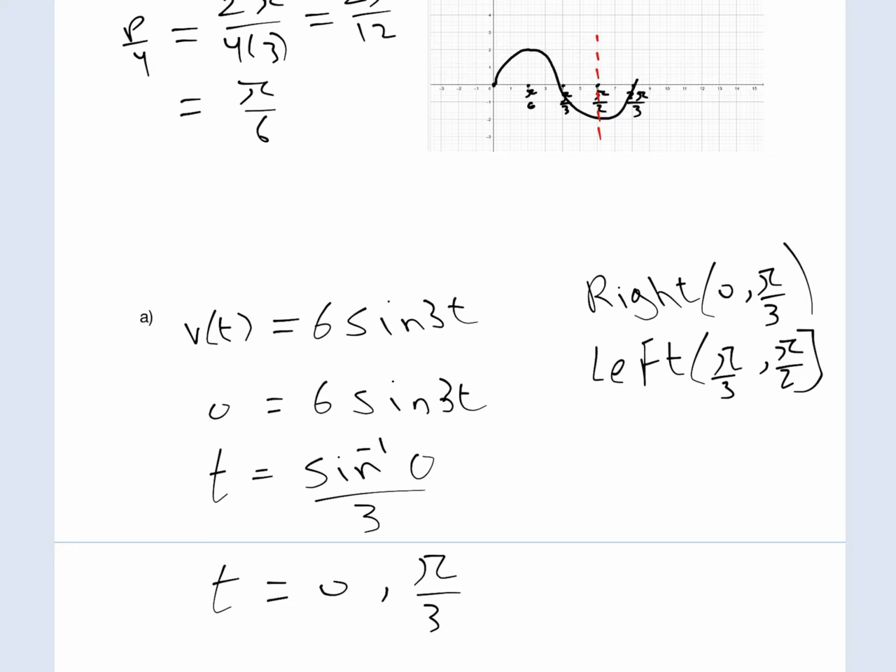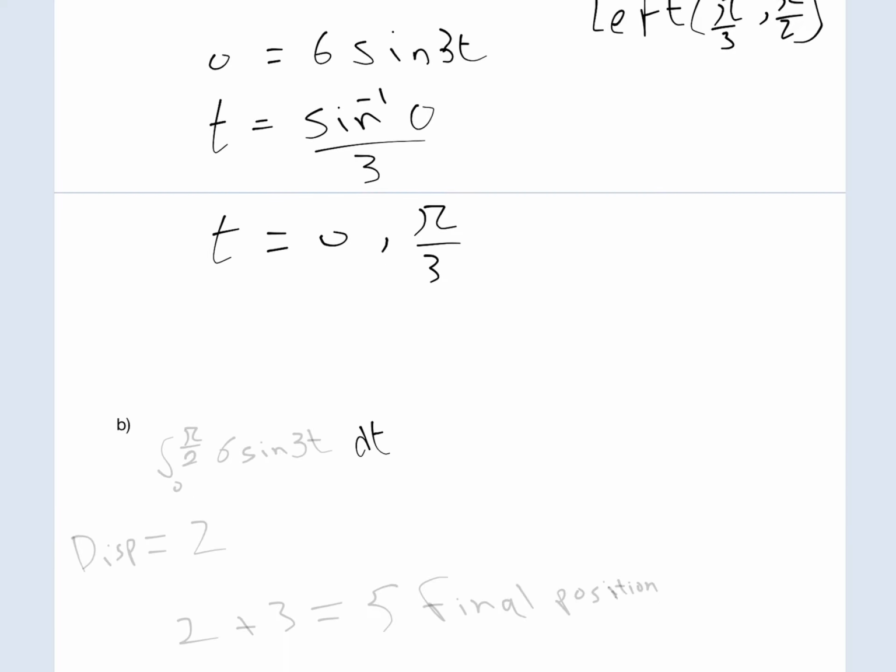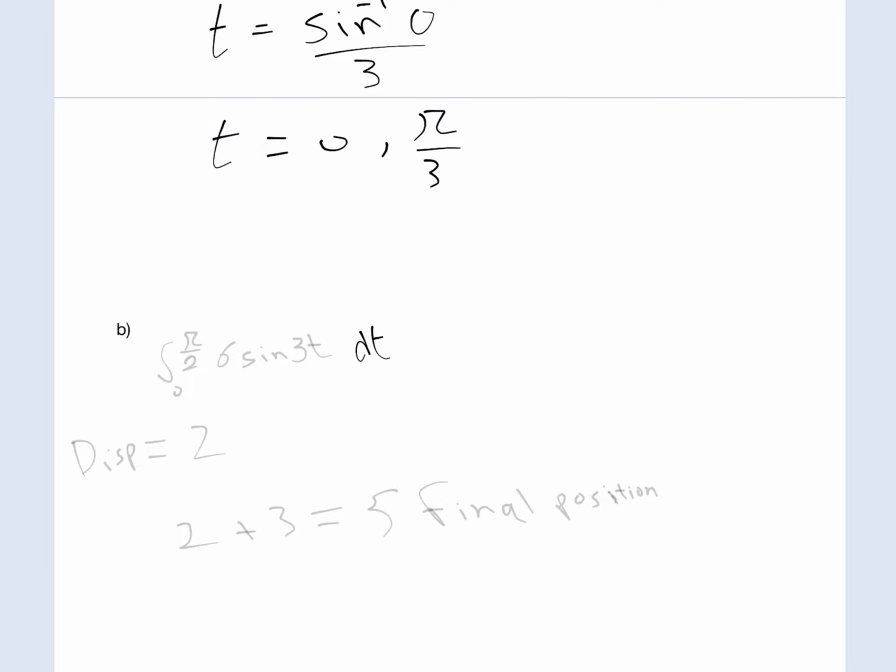Now we'll find the particle's displacement over the given time interval and the final position, if s of 0 is equal to 3. To find the displacement, we have to integrate the velocity with respect to time. So the integral will be from 0 to pi over 2 of 6 sine 3t.